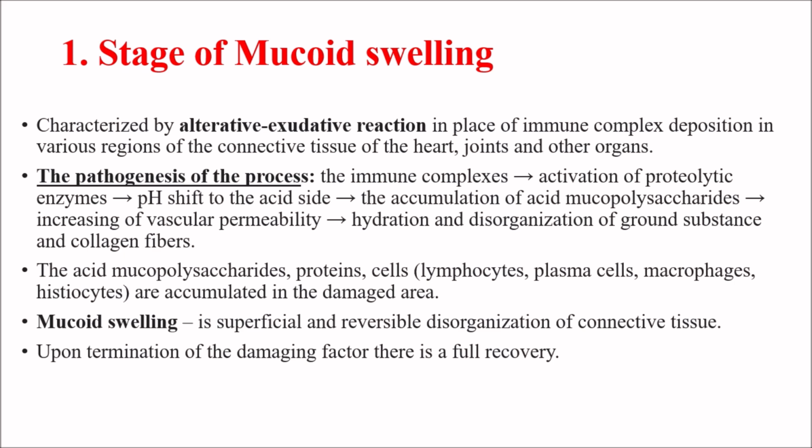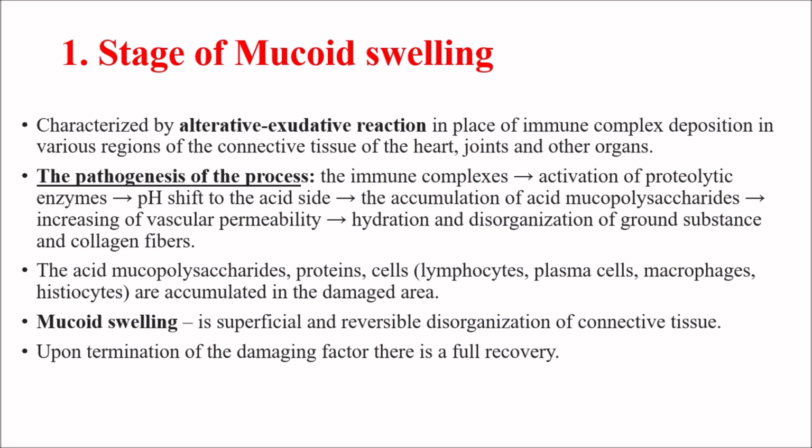The damaging role is played by the immune complexes, which activate the proteolytic enzymes, and the pH shifts to the acid side in the connective tissue. This results in the accumulation of acid mucopolysaccharides, which increase the vascular permeability.